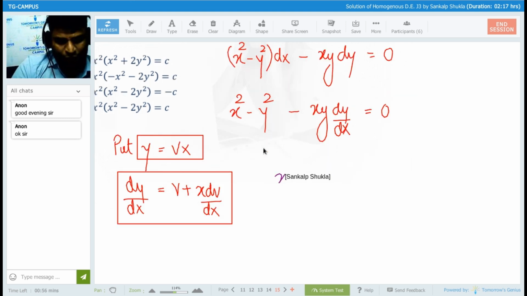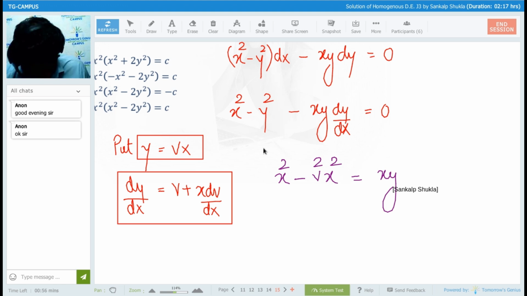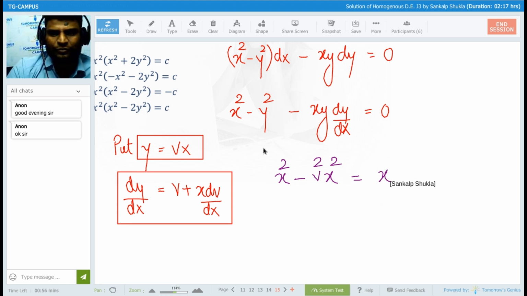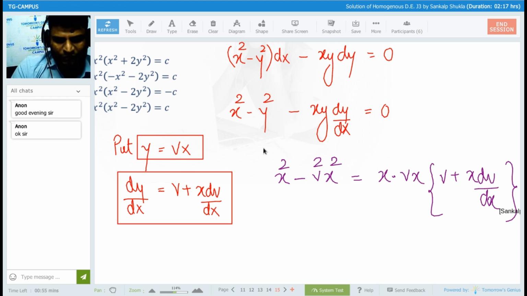Again, I'll help you with this. x square minus v square x square can be written over here, and instead of y, you have to write x into vx, and instead of dy by dx, I'll write v plus x dv by dx. So x square can be taken out as common. It will become 1 minus v square.